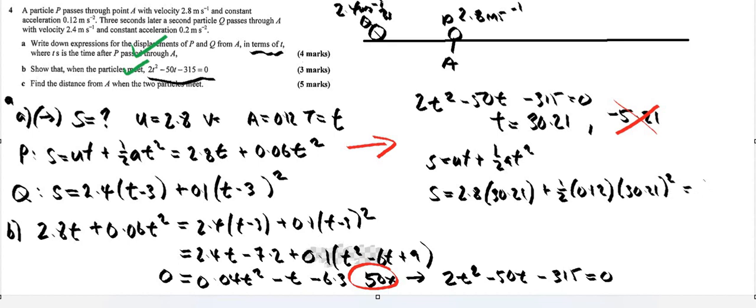And that tells me that my s is 139.36 meters. Remember, this was for P.